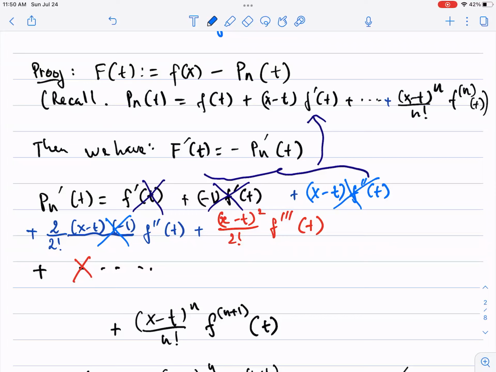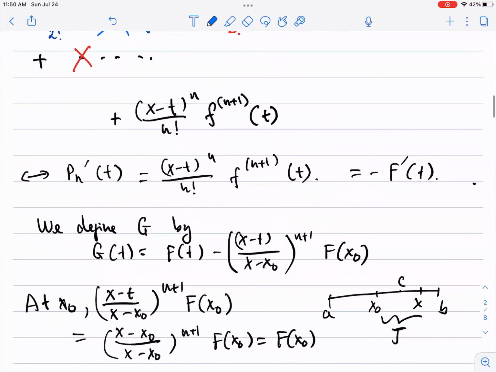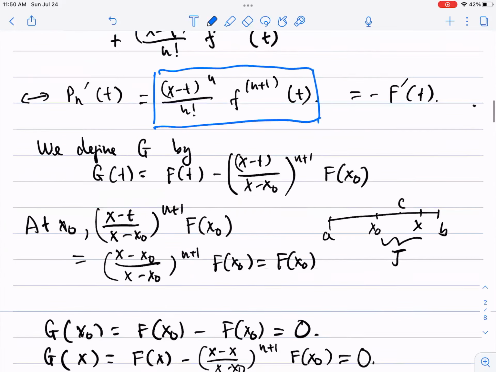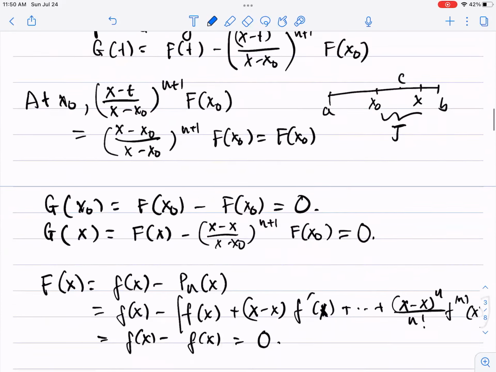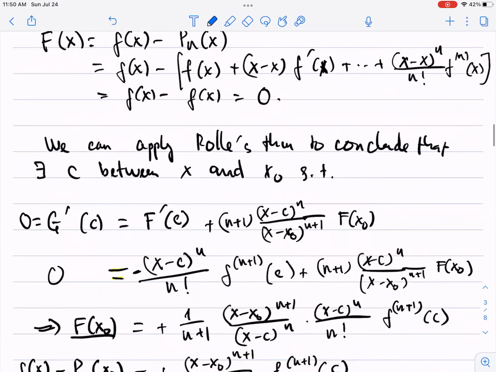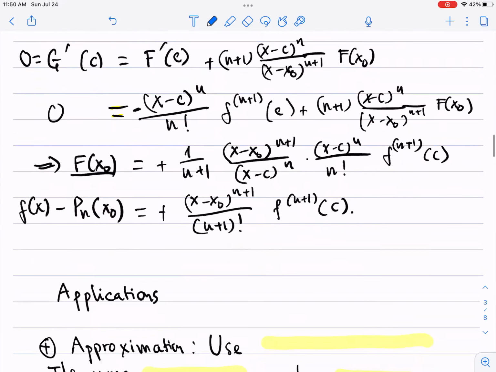The Taylor polynomial is constructed in that special way to obtain that level of cancellation, so that you can simplify the derivative of the Taylor polynomial to be exactly one expression. Using this observation, we can construct a special function and apply Rolle's theorem appropriately to obtain the result.